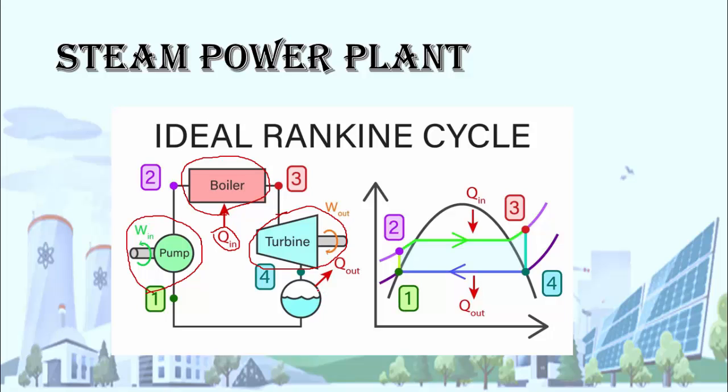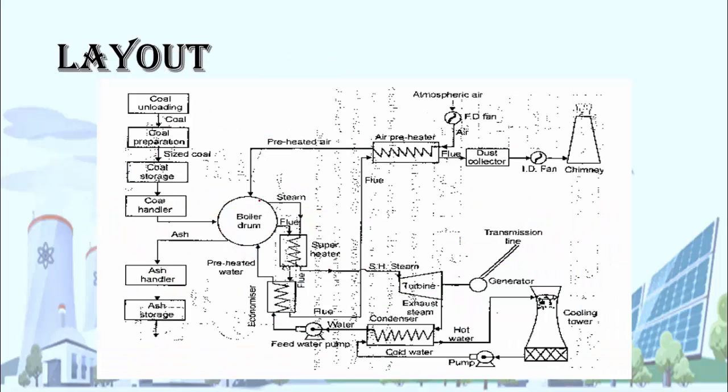In the condenser, some heat is taken out, and the exhaust steam is converted into water. That same water is pumped to the boiler. This is the cycle by which the steam power plant runs. This is the very general layout of the steam power plant.